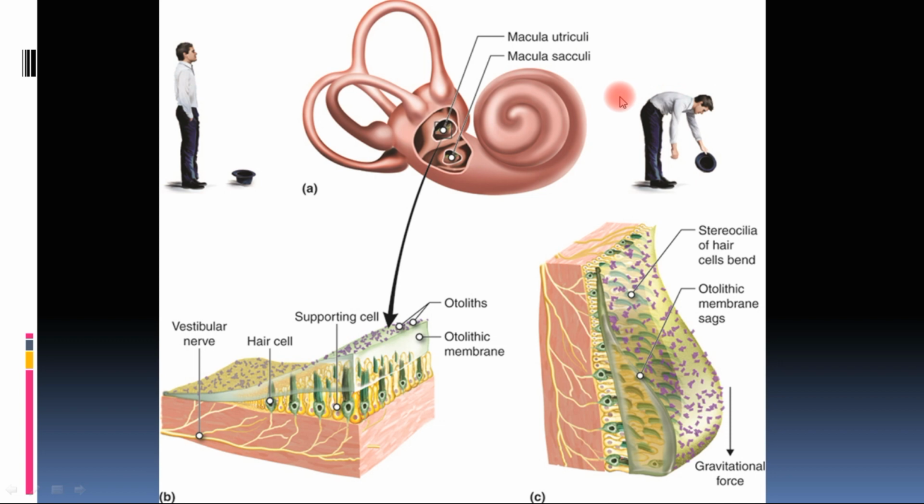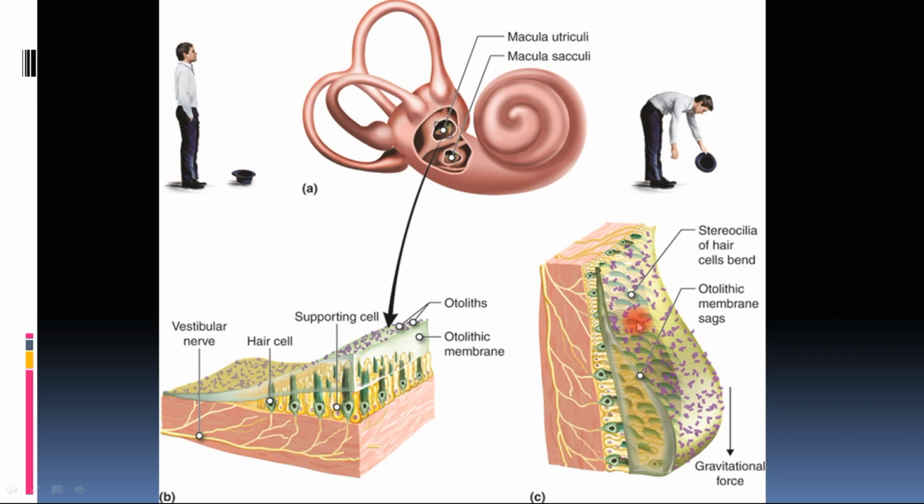So when the person bends down, as you can see here, the otolith moves towards the gravitational force, thus causing the gelatinous membrane to flow or change its configuration, and thus tilting or shifting the cilia which are projecting into the gelatinous membrane.